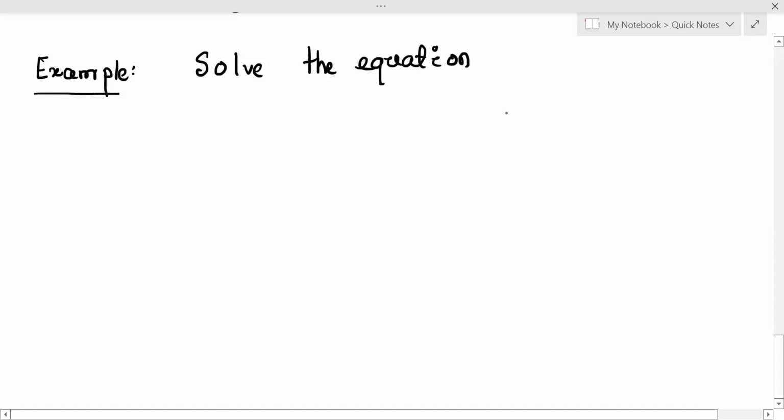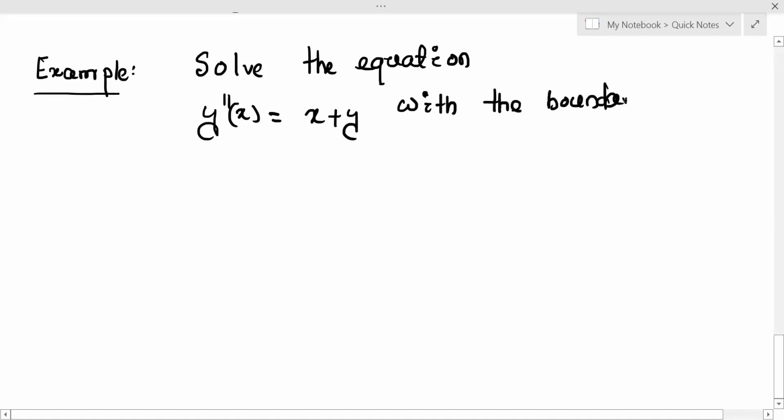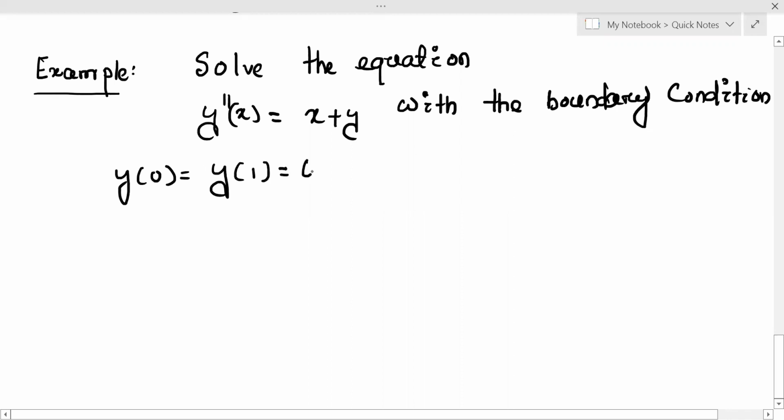Solve the equation y double prime is equal to x plus y, with the boundary conditions y(0) is equal to y(1) is equal to 0.